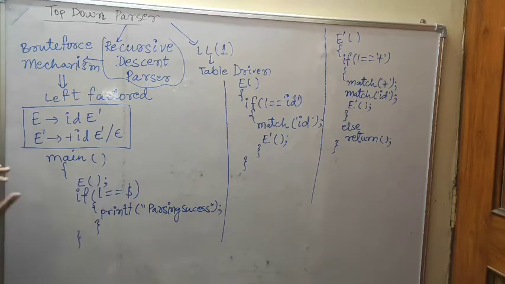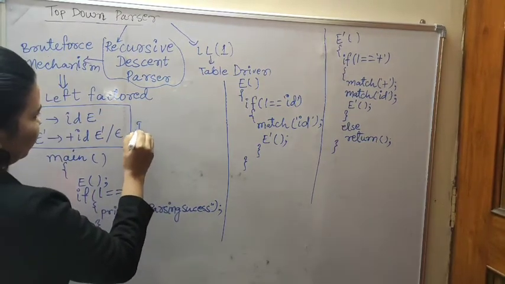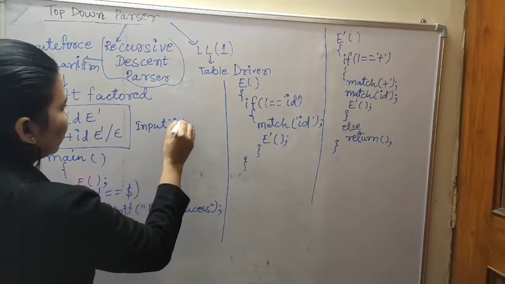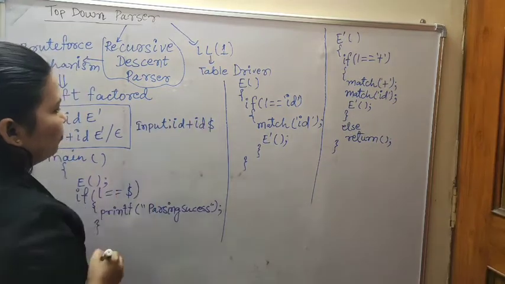Okay, so now suppose I am taking one input: id plus id dollar.